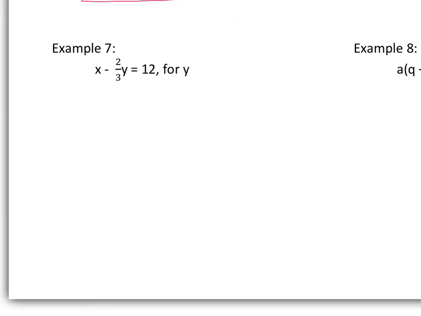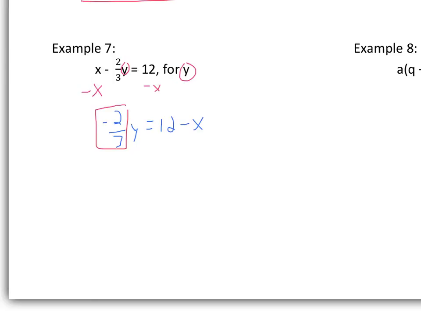Our next one, here we want to solve for y. So here's our y. So how do we get y by itself? So in this particular case, I will subtract the x, and we will get negative 2/3 y equals 12 minus x. Now, how do we move this? There's a couple ways to do it.